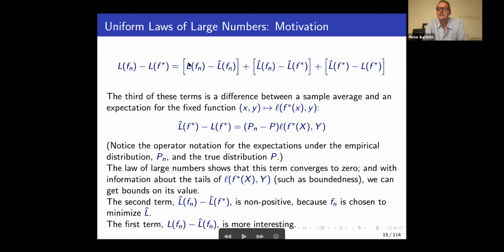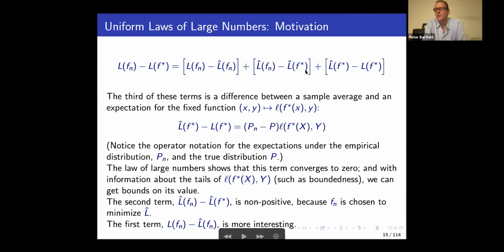We're interested in the risk for Fn. This is how Fn looks on the training data. This is how F star looks on the training data. And this is how good F star really is. This is its risk. It's the expectation of the loss.